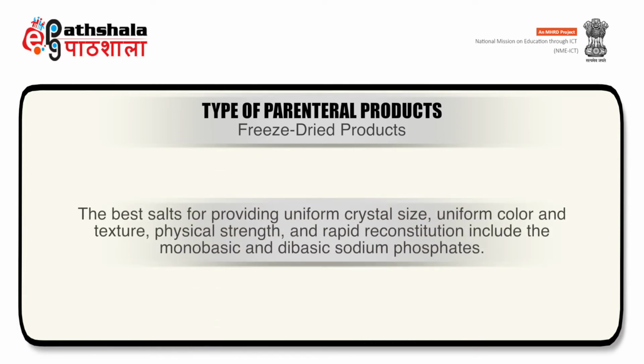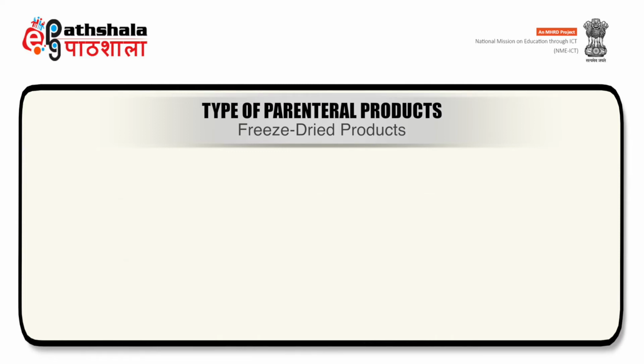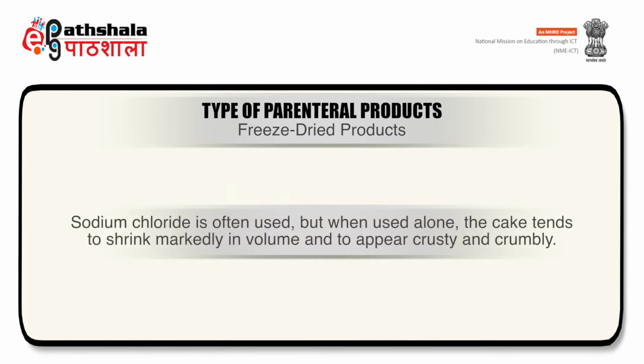Best salts for providing uniform crystal size, uniform color and texture, physical strength, and rapid reconstitution include monobasic and dibasic sodium phosphates. Sodium chloride is often used, but when used alone, the cake tends to shrink remarkably in volume and appears crusty and crumbly.